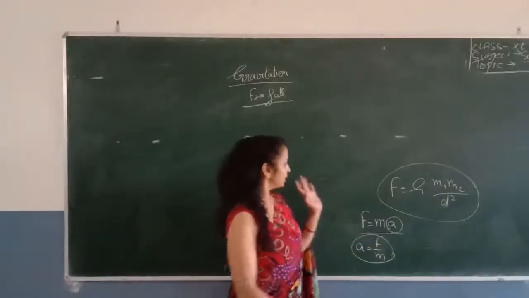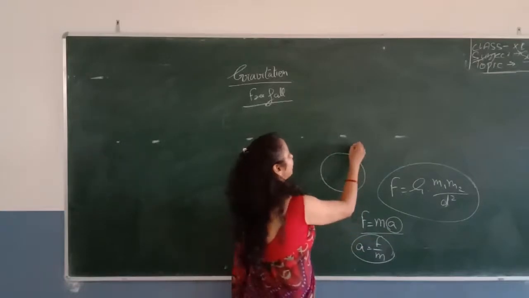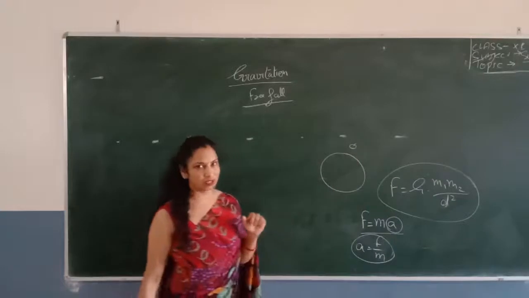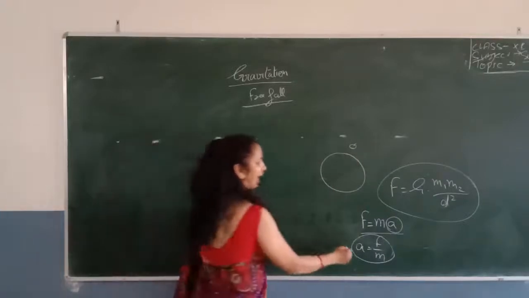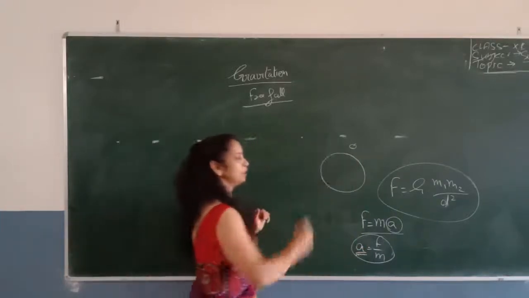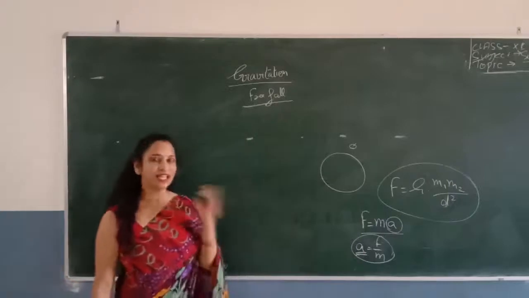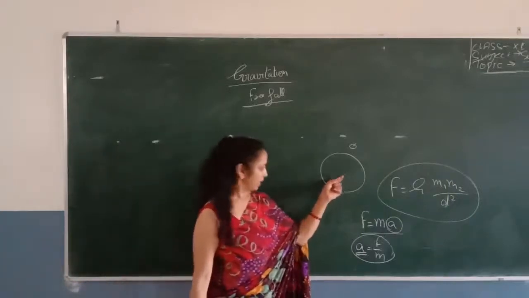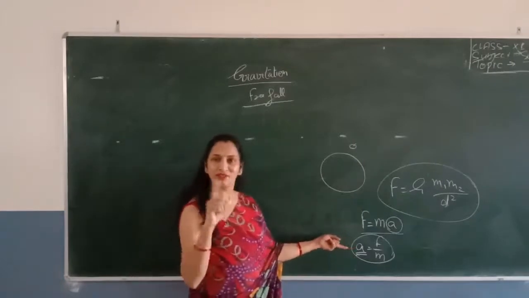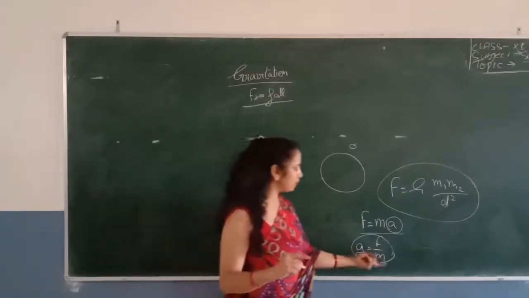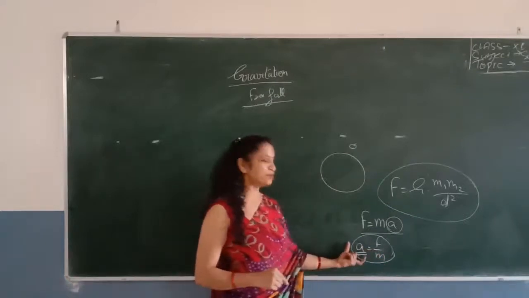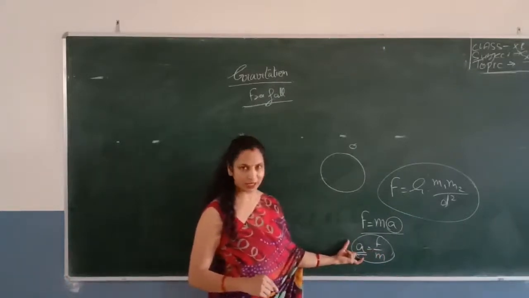So this is the earth and this is the apple, and the apple moves freely towards the center of the earth because the acceleration produced in the apple is very high as compared to the acceleration produced in the earth. Both of them have the same force of attraction, but the mass of the apple is so small that the acceleration produced in the apple is high.